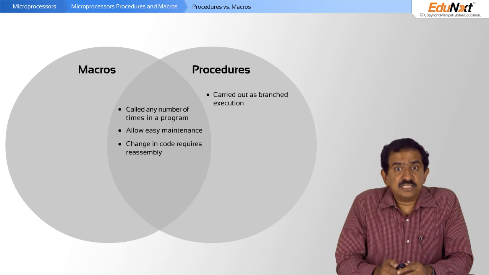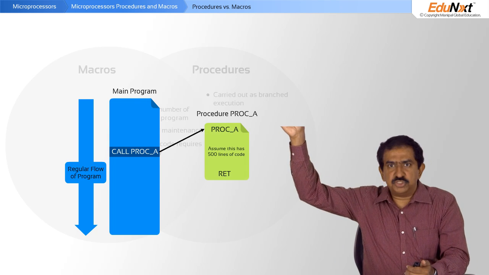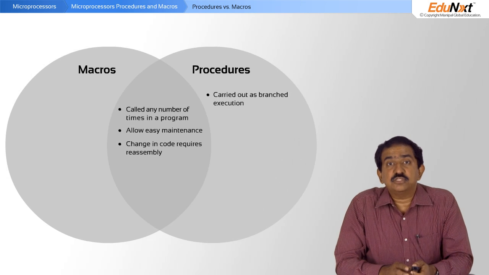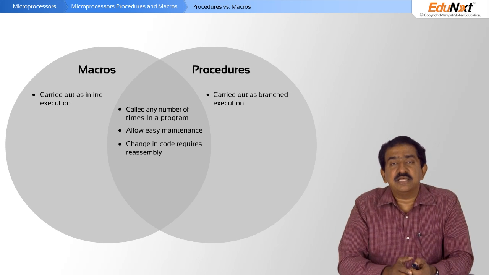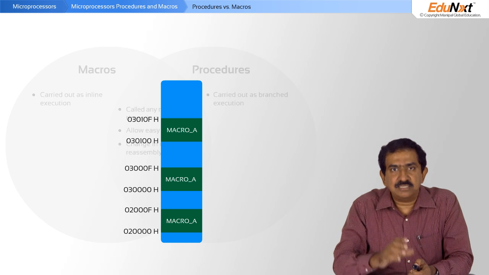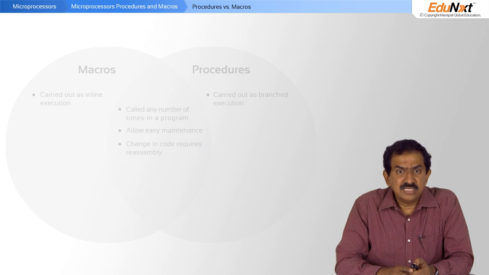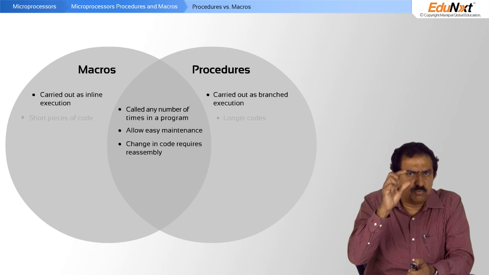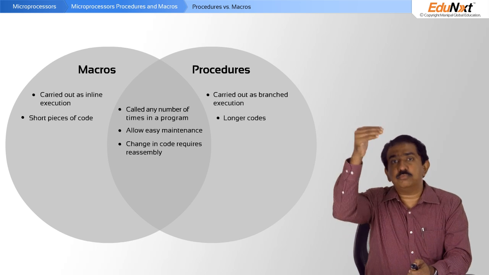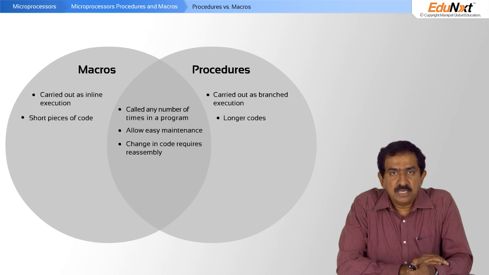There is a branched execution in the case of a procedure. So that means main program, branch to procedure, come back at the return instruction, come back to the main program. In the case of a macro, it is inline execution because the macro is inserted inline by the assembler for execution by the processor. Macros are typically very small pieces of code. You only need to define them as a macro because you want to call it so many times and because you want to maintain it easily.